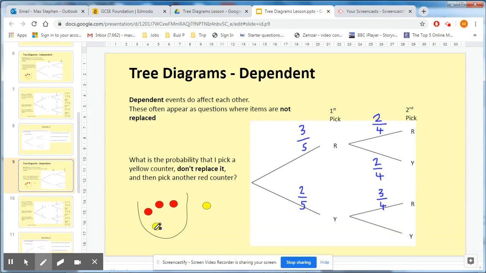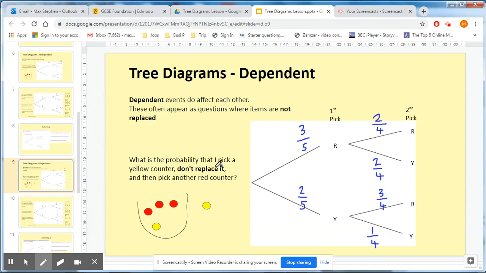And for yellow, it's just going to be 1 out of 4. Once I've completed all of these, I'm just going to check. So I'm going to go back to each of the picks, so the branches, and make sure they add up to 1. So here, this adds up to 1. 2 out of 4 plus 2 out of 4 equals 1. And then 3 out of 4 plus 1 out of 4 is equal to 1.